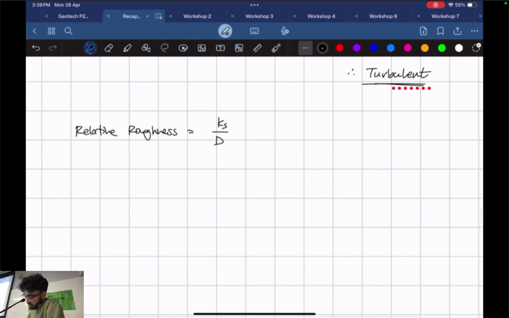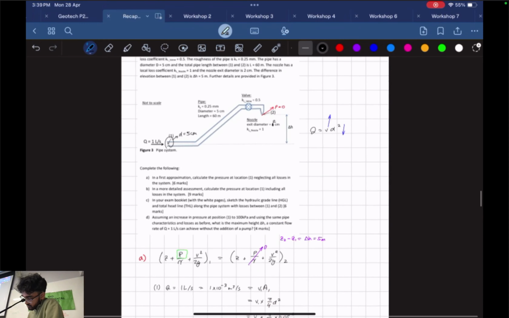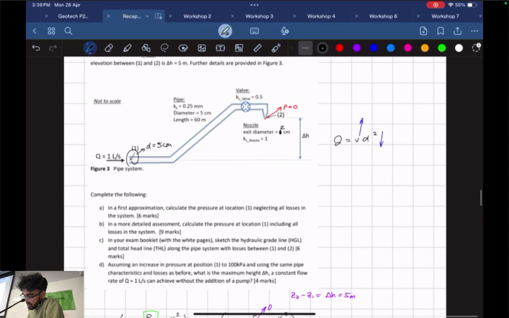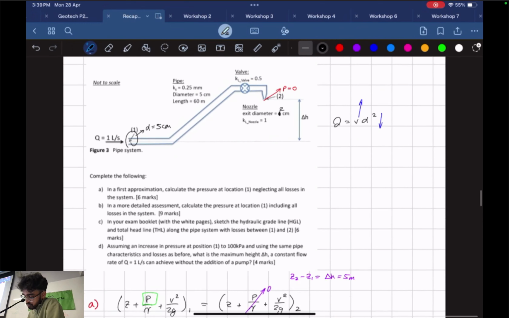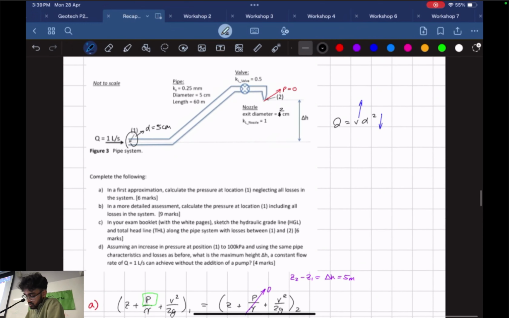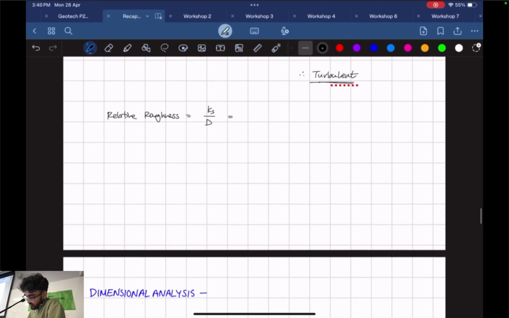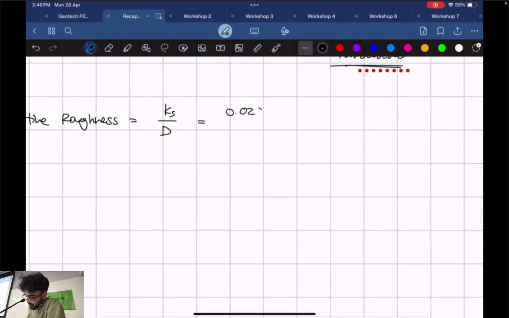Right? Which is equal to, they've given it to us in millimeters. What is that in centimeters? 0.25 divided by 10, 0.025 centimeters. And then you have your diameter of the pipe, which is 5 centimeters, which you get to be 0.005.